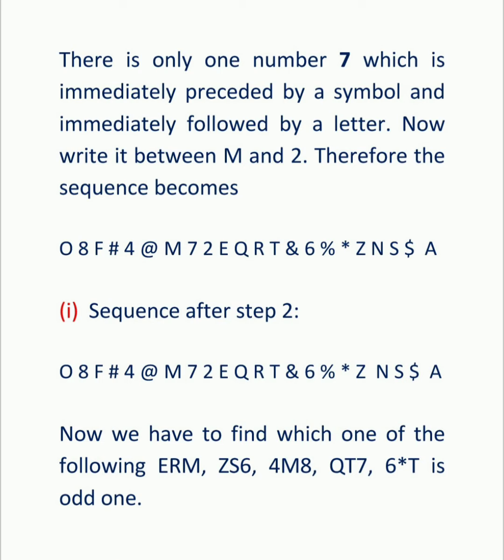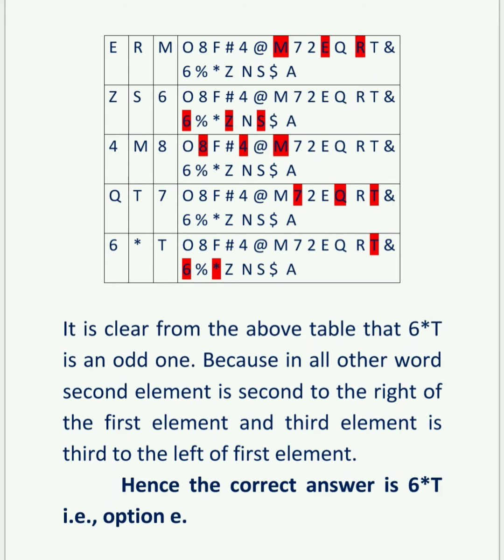Question number 1. They gave 5 words: ERM, EZS6, 4M8, QT7, 6*T. Among these 5, one is odd. We have to find which one is odd. To get a clear idea, I make a table. In the table, first I write the given word ERM.